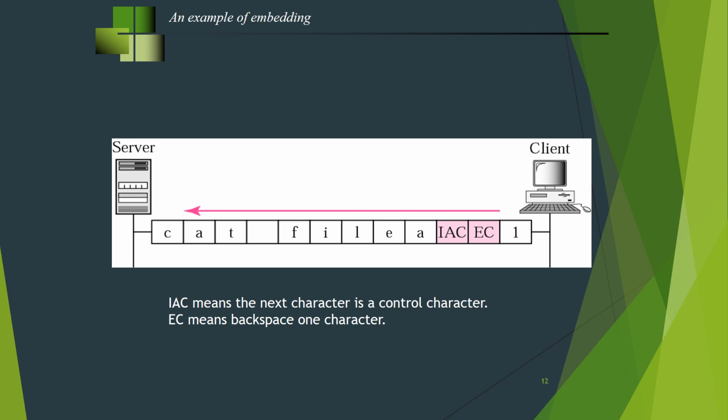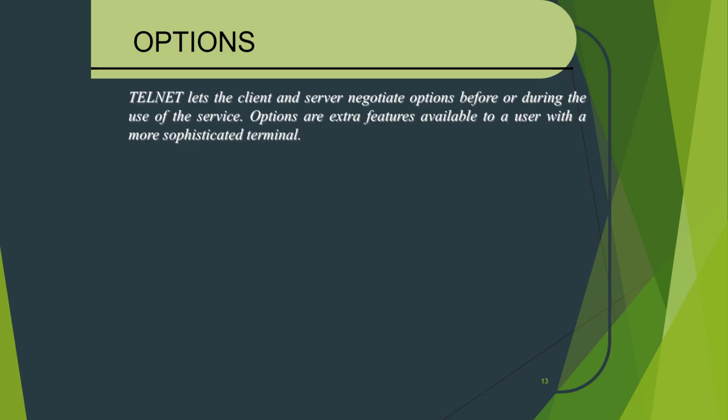This is the data, and the client has sent one control character along with that IAC. Now the options. Telnet lets the client and server negotiate options before or during the use of the service. Options are extra features available to users with a more sophisticated terminal.